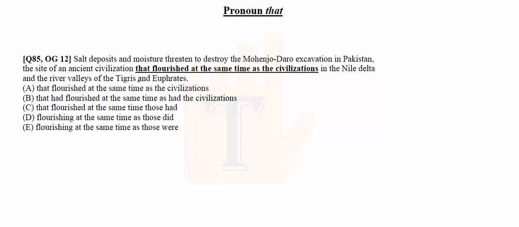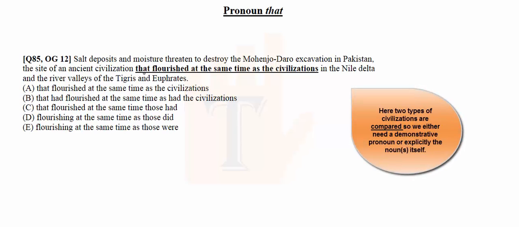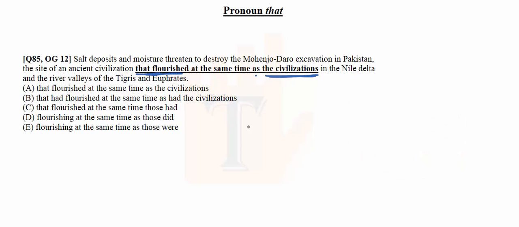So the underlined part talks about two types of civilizations. The ancient civilization that flourished at the same time as the civilizations in the Nile Delta. So they are two civilizations. In the original sentence, I could not find any big mistake, but maybe we can get a better option later on. Let's check out others.